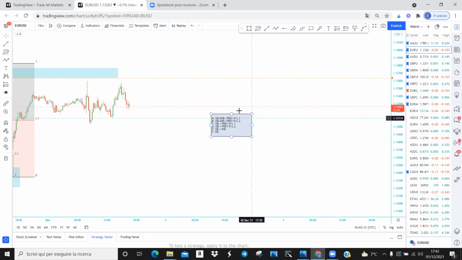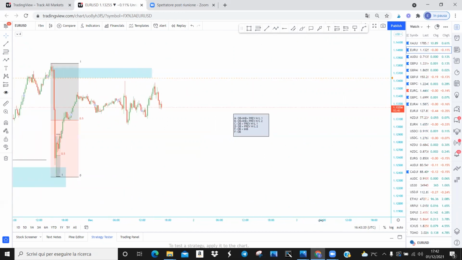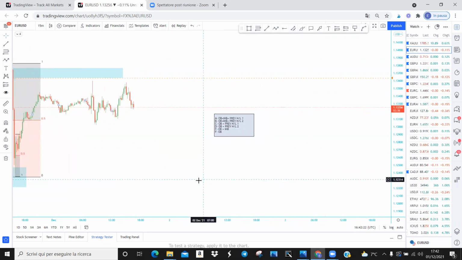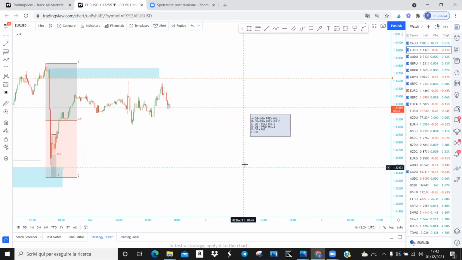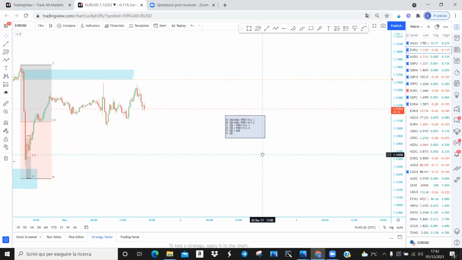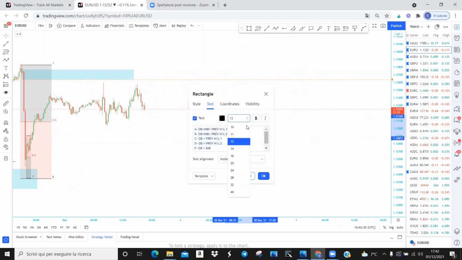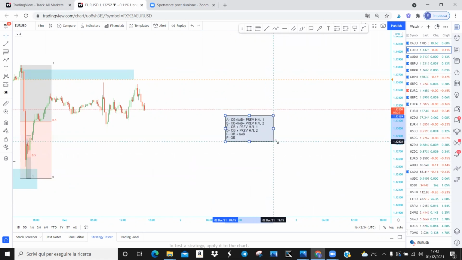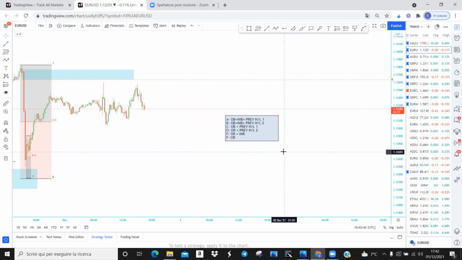Right here, I'm talking only about the setup by itself, and also that you know if we just broke structure, which order block broke the structure, and so on. Okay, with that being said, I gave some grades. I will put a bigger writing for now. Okay, I gave some grades to each setup so you can know if these are tradable or if they're not tradable.